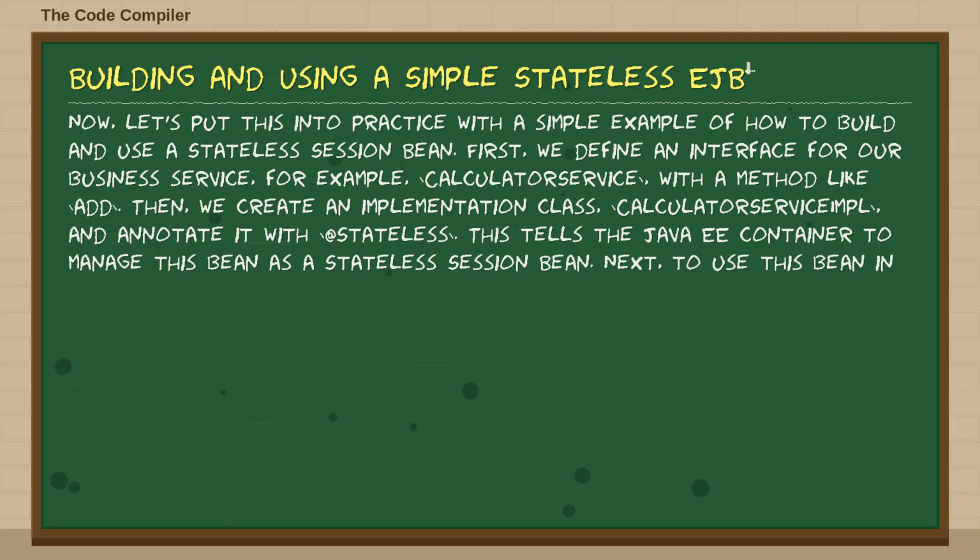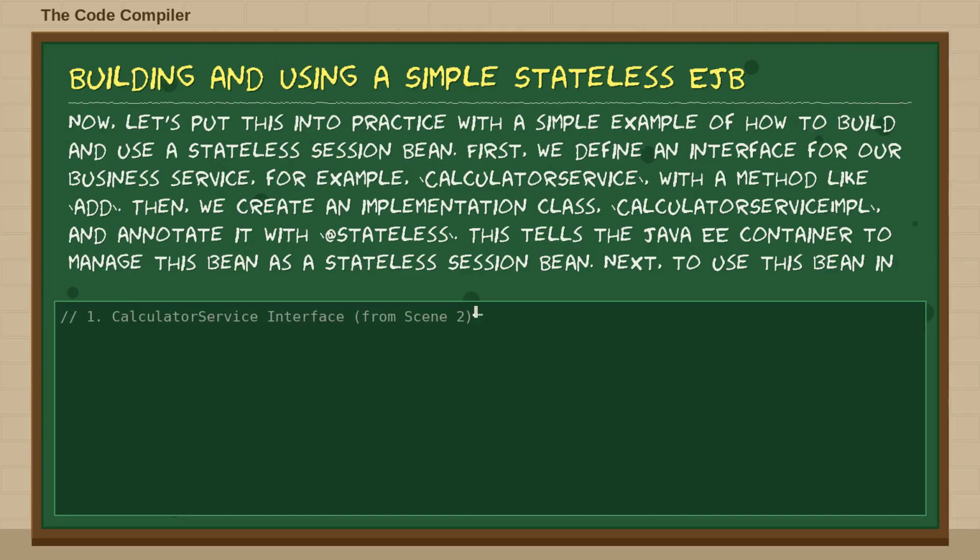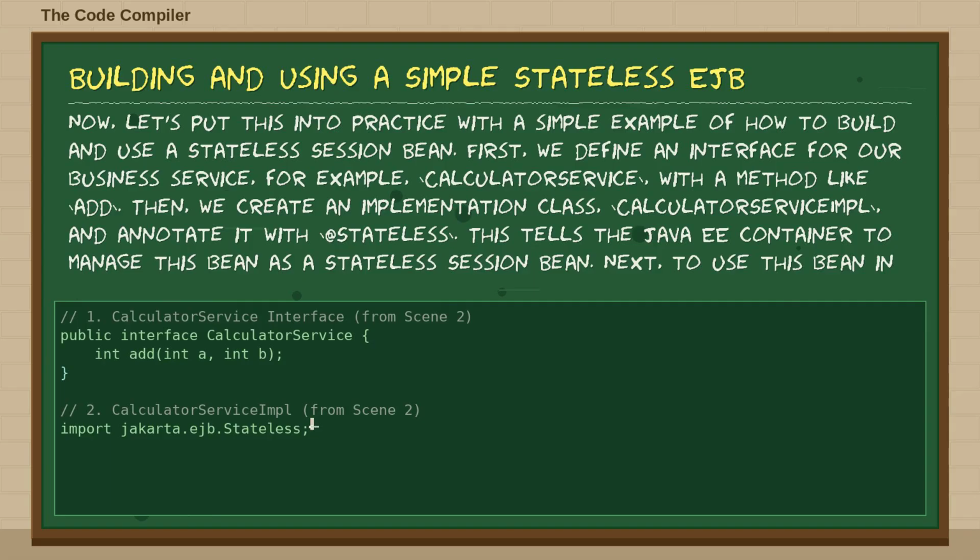The container will automatically inject an instance of our CalculatorServiceImpl for us. This simplifies development significantly, as you do not need to worry about object creation or lookup. You just declare what you need, and the container provides it. Let us see this in action.